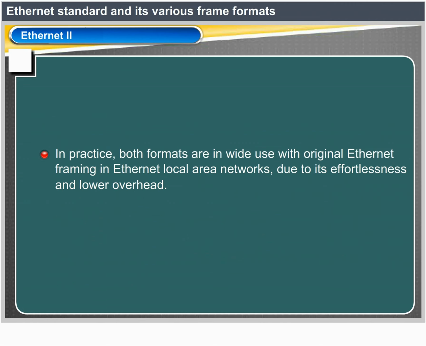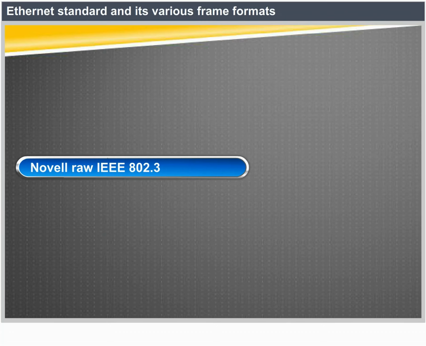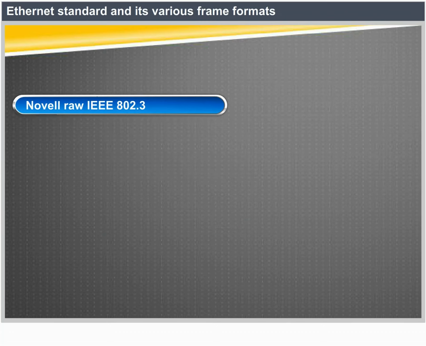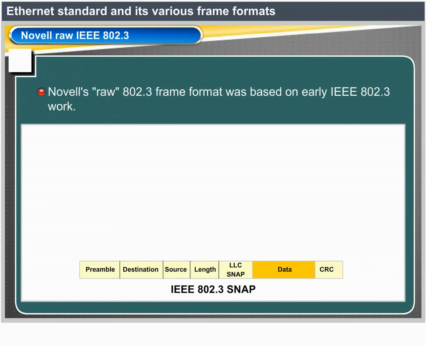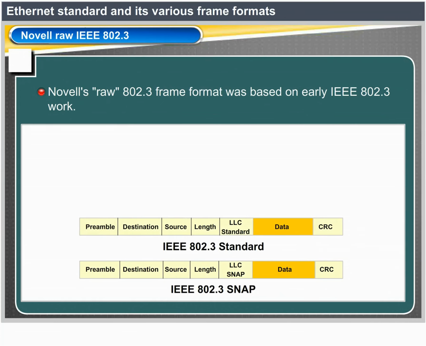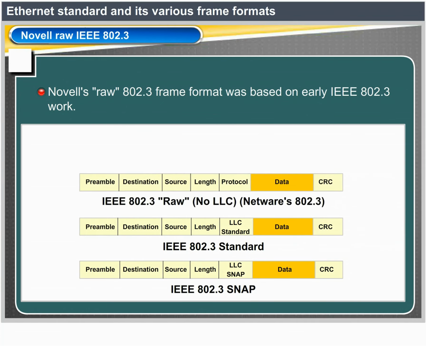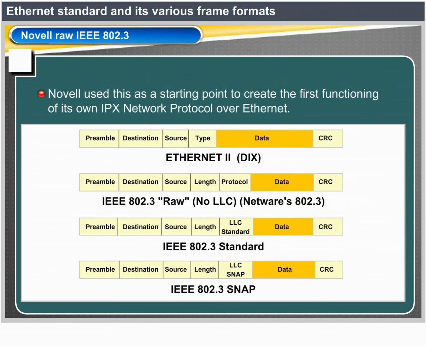Novell raw IEEE 802.3. Novell's raw 802.3 frame format was based on early IEEE 802.3 work. Novell used this as a starting point to create the first implementation of its own IPX network protocol over Ethernet.